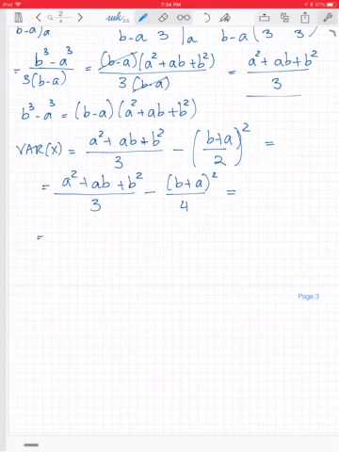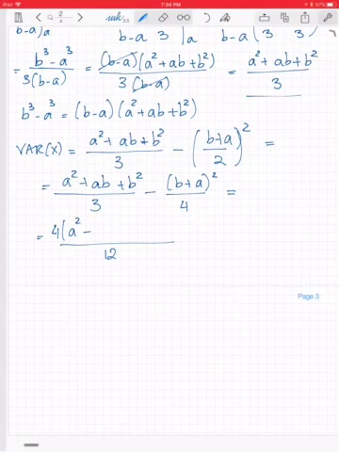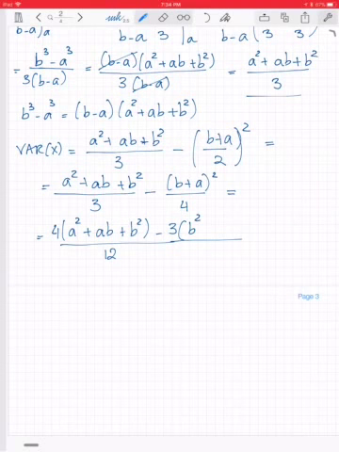The common denominator is going to be 12. I have 4 times (a squared plus ab plus b squared) minus 3 times this square, which I'm just going to develop. So it's going to be b squared plus a squared plus 2ab.